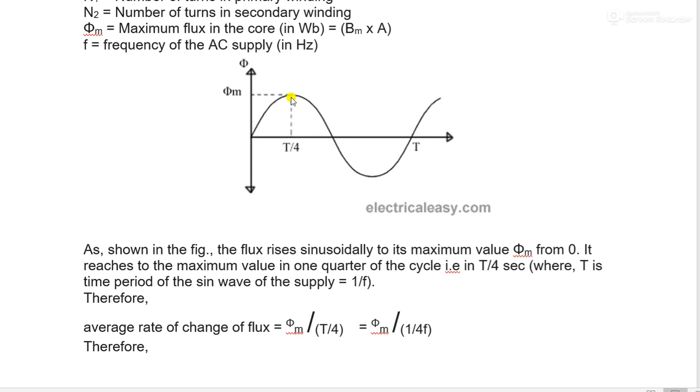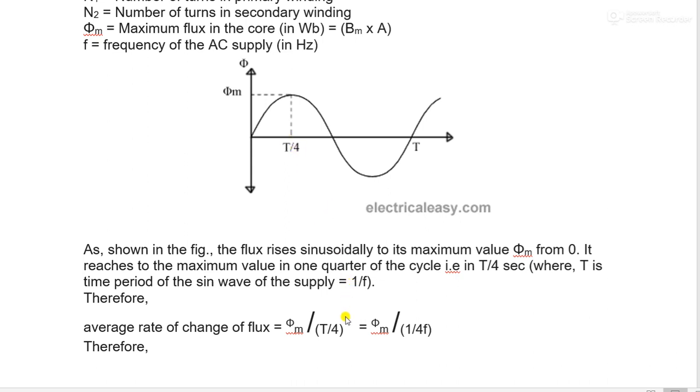It reaches the maximum value in 1/4 of the cycle, that is T by 4 seconds, where T is the time period of the sine wave of the supply. So T could be written as 1 by f. Therefore, the average rate of change of flux equals the maximum flux phi m divided by the time T by 4.